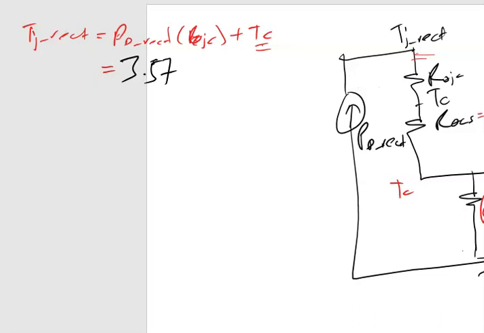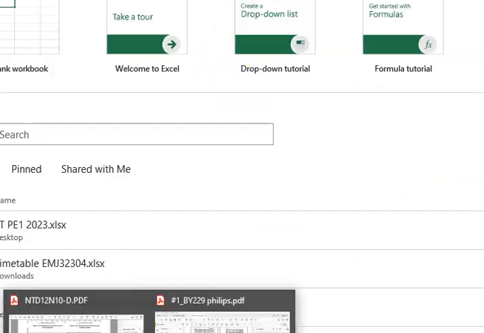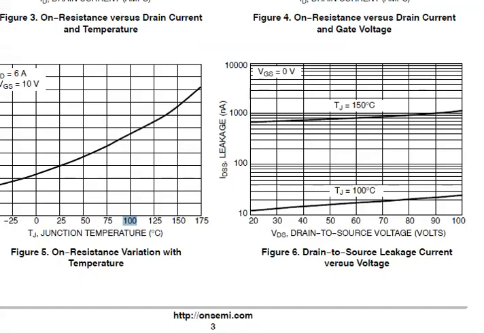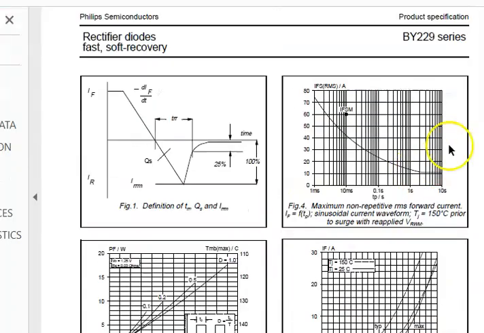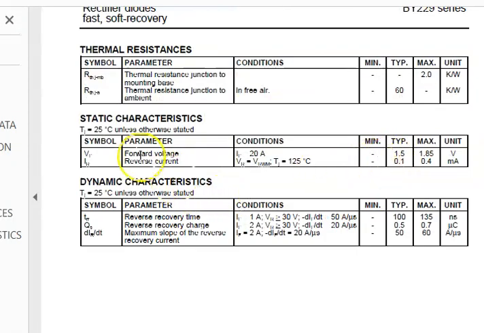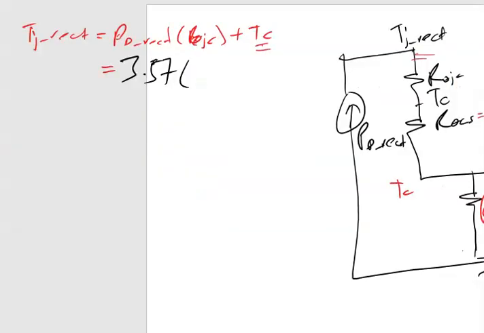Okay, so your PD is 3.75 watt times your R thermal JC. How much is R thermal JC from your datasheet? See, R thermal from junction to mounting base, junction to case, is 2.0.